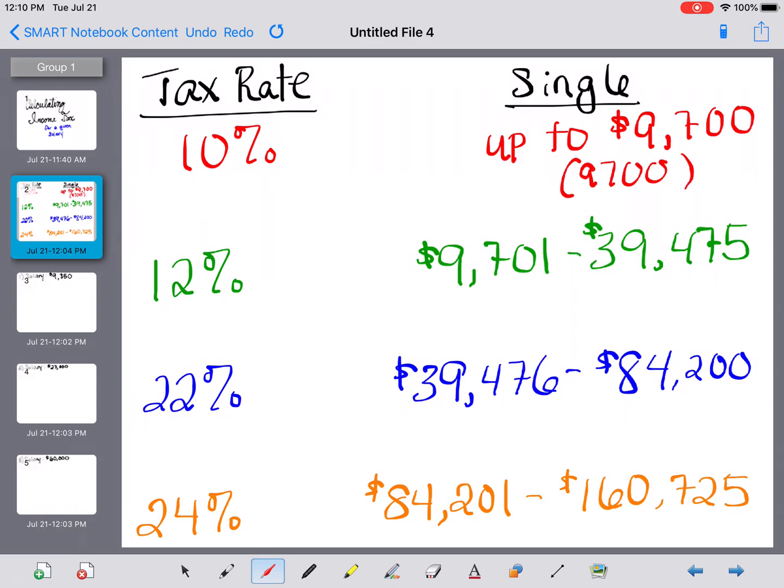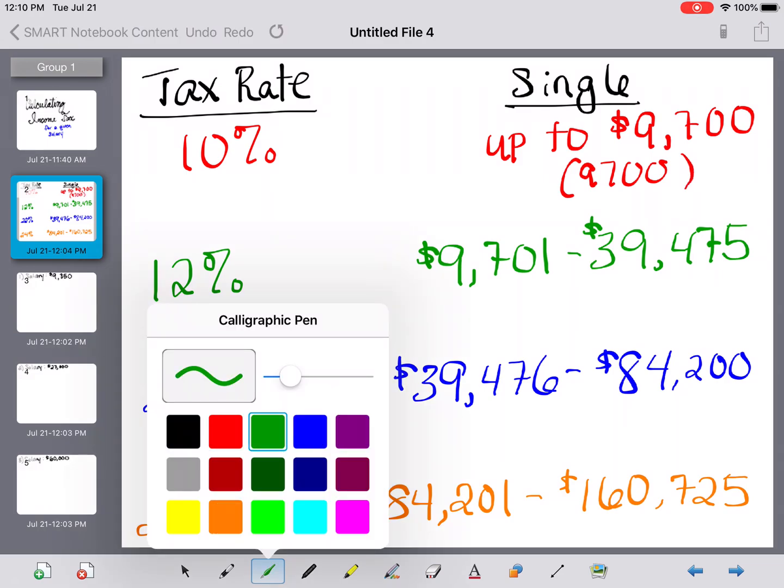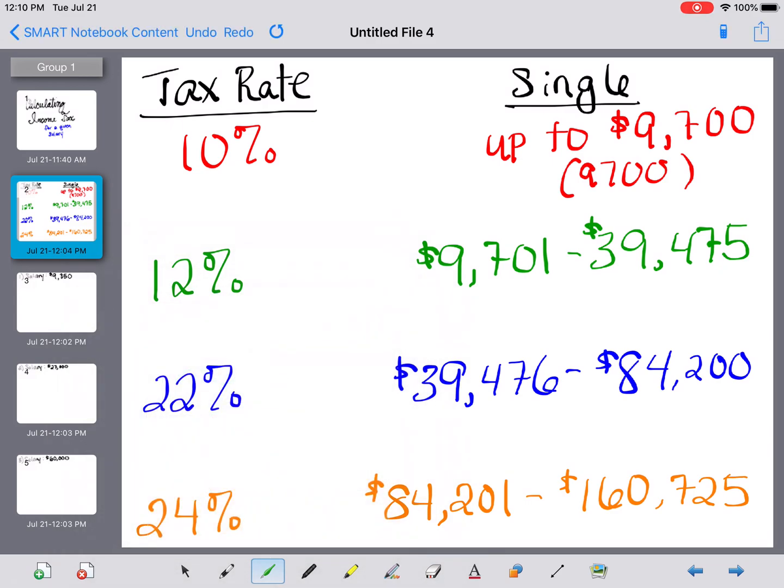All right, I'm going to do the same thing for my green tax rate of 12%. So I'm going to do 39,475 minus 9,701. And when I do that, I get the maximum amount that I can have in that range, which is $29,774.